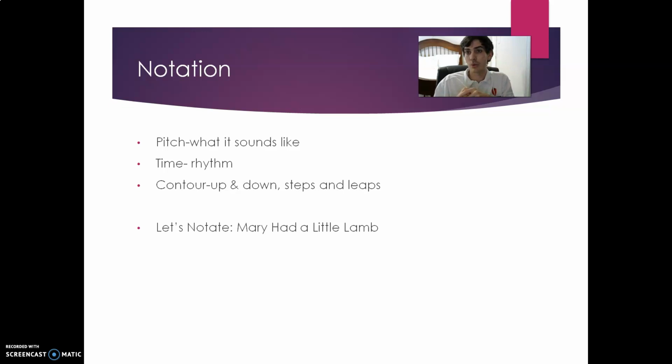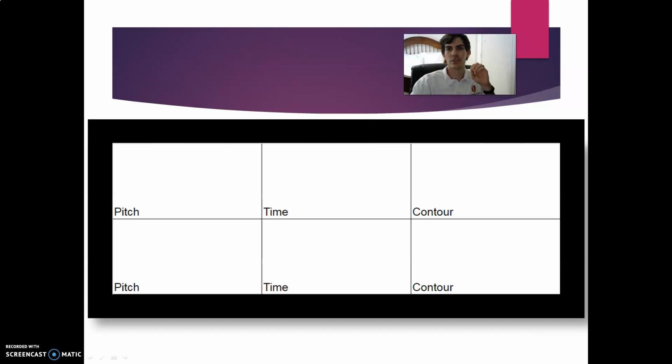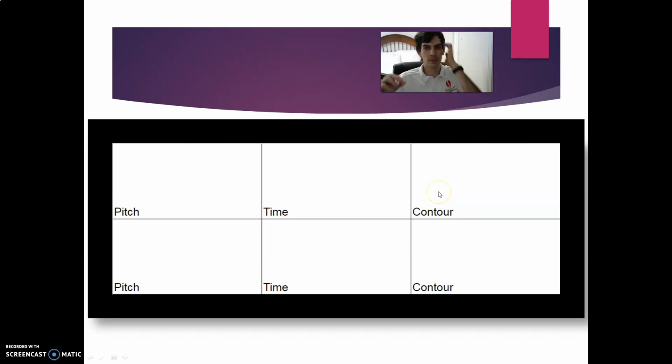That kind of thing. So what I want you guys to do is we're going to notate Mary Had a Little Lamb. But before we do that, just the beginning of it. I want you to take out a piece of paper, or you can just screenshot this and use Paint or something and just type into this.